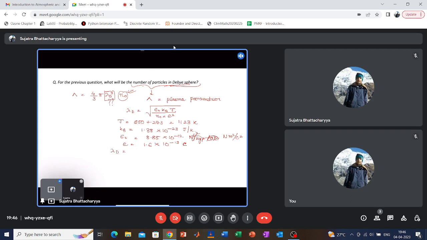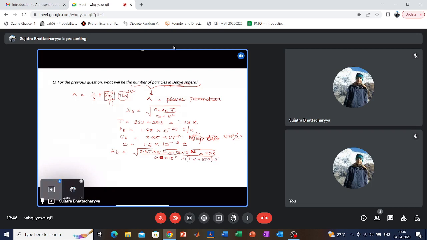So if you put all these parameters, 8.85 into 10 to the power minus 12 into 1.38 into 10 to the power minus 23 into 1123, divided by 2 into 10 to the power 11 into 1.6 into 10 to the power minus 19 whole square.